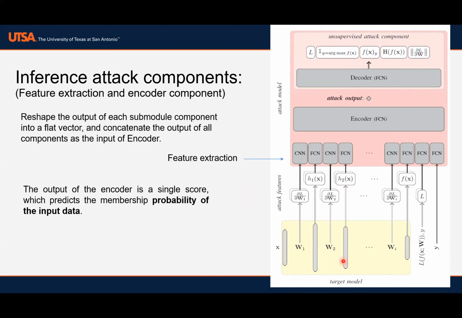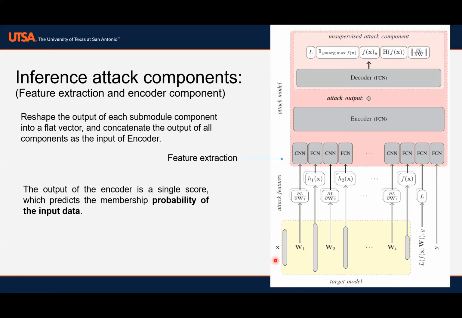You want to train an inference attack model so that, given an input sample, the attack model will be able to tell you whether this sample belongs to your original training data or not, right?